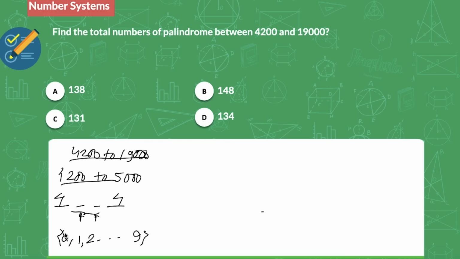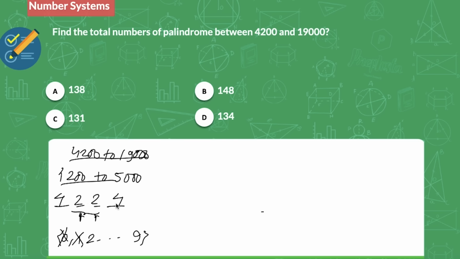So 0 cannot be a case, because 4004 will be a number less than 4200, not in the bandwidth which we are given. Similarly, 4114 doesn't suit as well. Talking about 2, 4224, yes, it's a palindrome and it's a number between 4200 and 19,000.